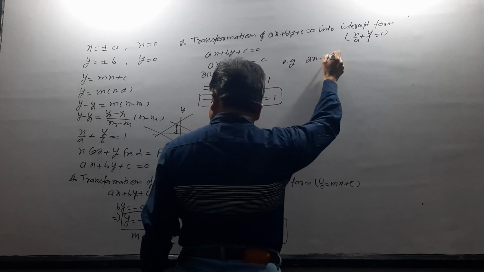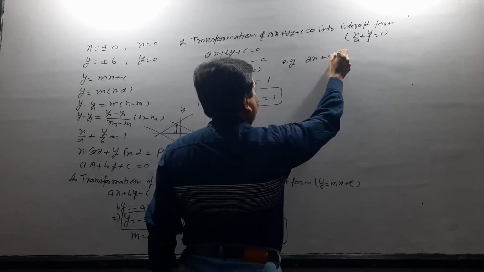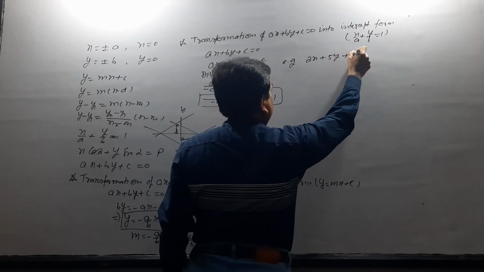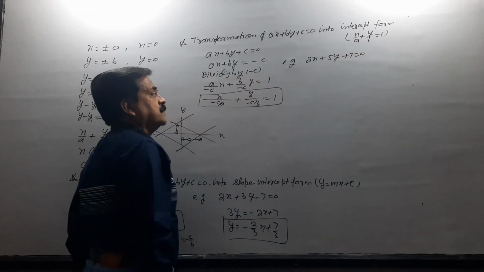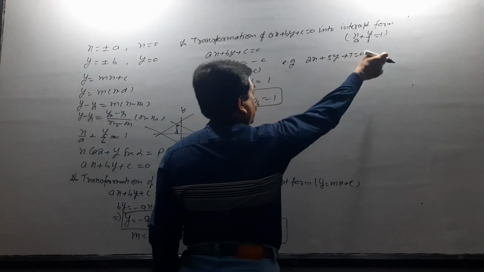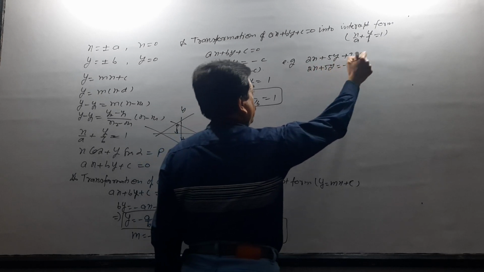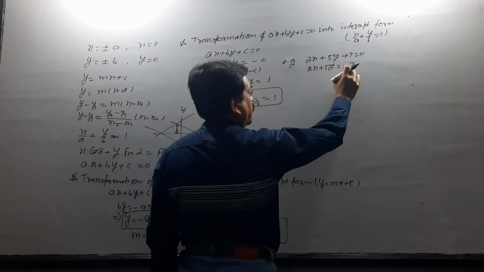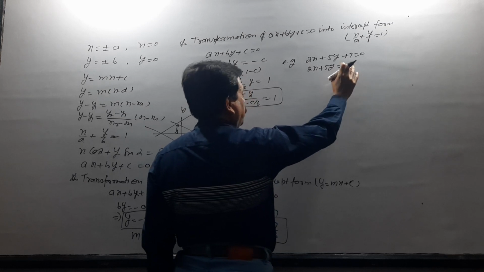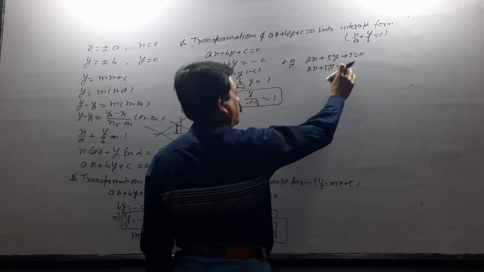And for example, 2x plus 5y plus 7 is equal to 0. So transfer this constant term to the right hand side. 2x plus 5y is equal to minus 7, and make it positive 1, plus 1, not minus 1.